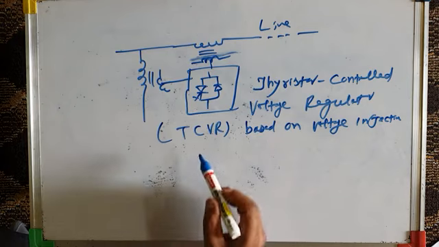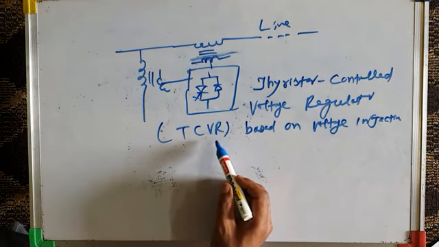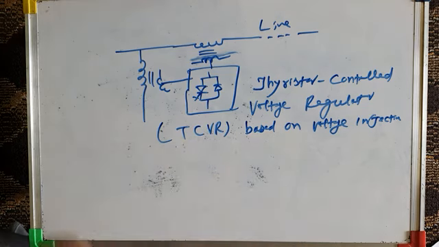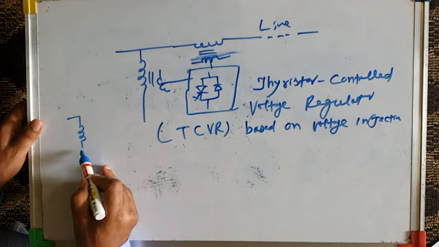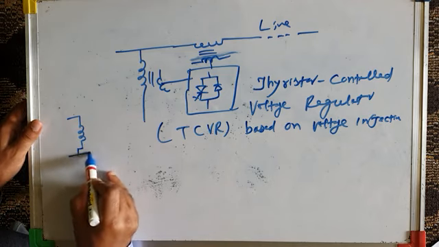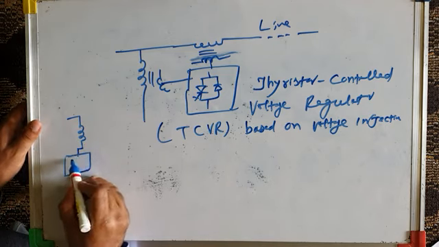So then we can have Thyristor controlled voltage regulator based on tap changing transformer. So that will look like this. Let me show you the schematic diagram.